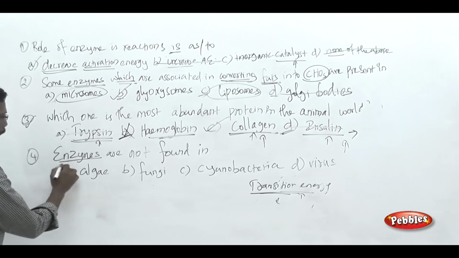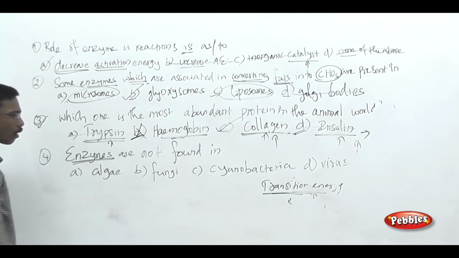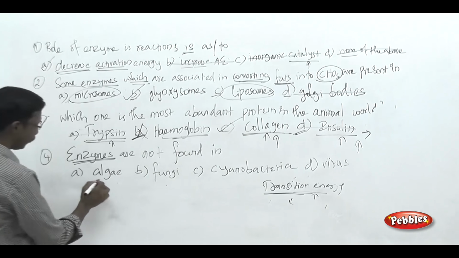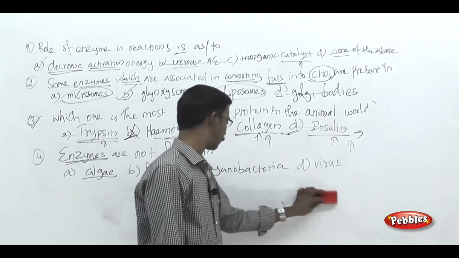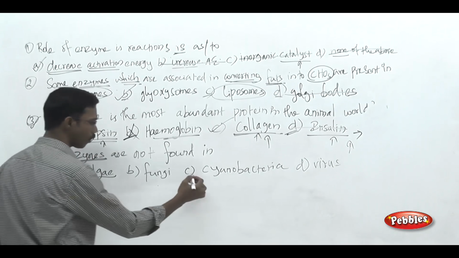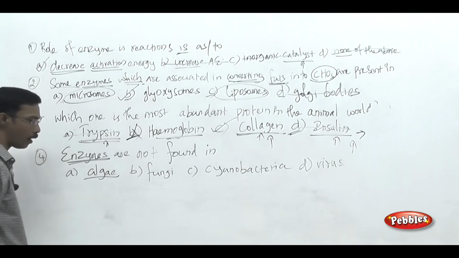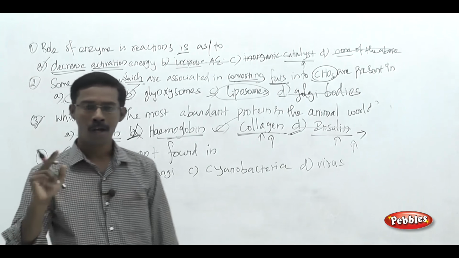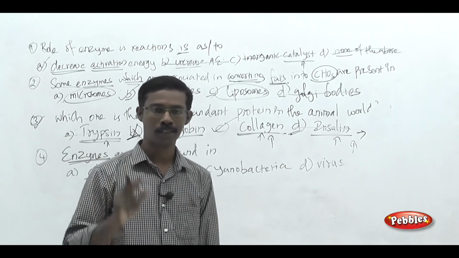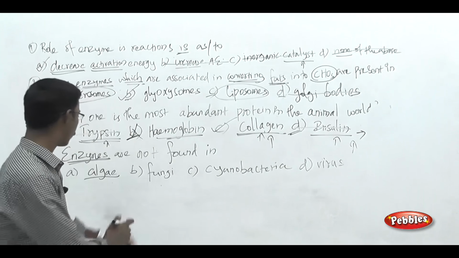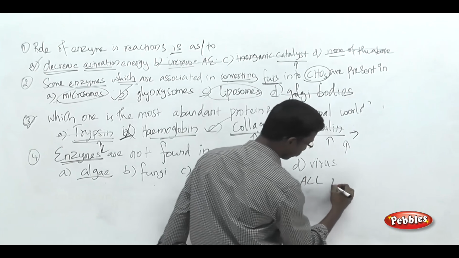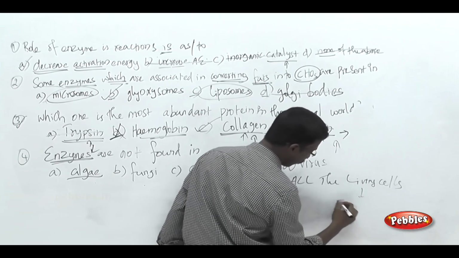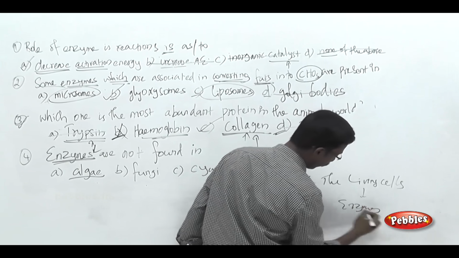See the final question. The enzymes are not found in. Okay, see the choices: algae, fungi, cyanobacteria and viruses. You may get confused with the terms cyanobacteria, fungi and algae. Just remember one thing: all living cells possess particular enzyme groups. Okay, all living cells have structures called enzymes.